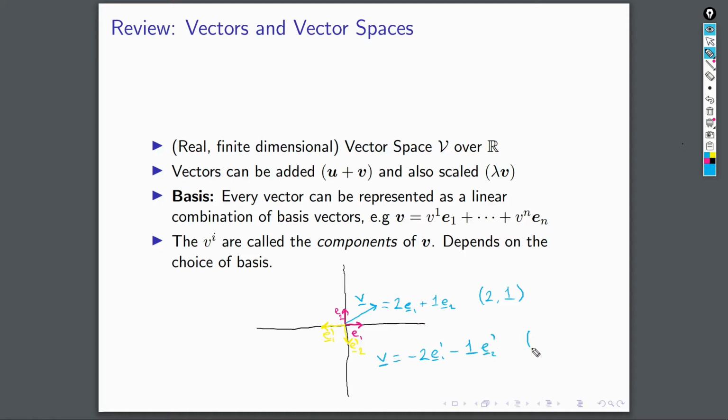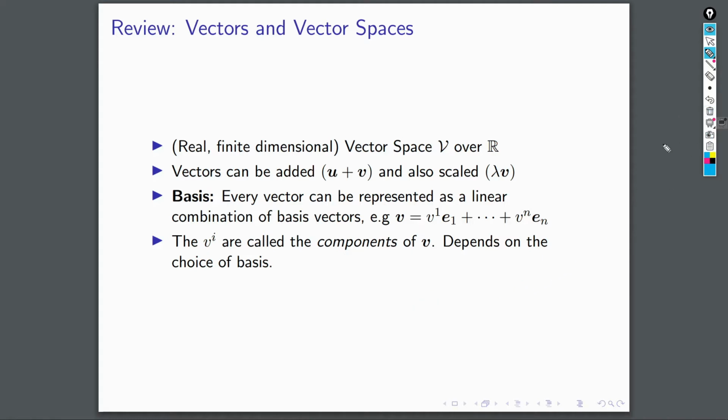In other words, its components are minus 2, minus 1. So the vector is the same in both circumstances, but its basis elements and components are different. That's important, and it's going to come up later. So that's just a review on that.